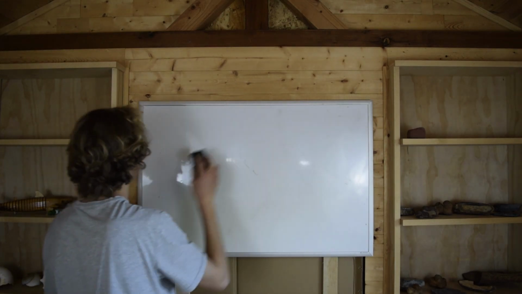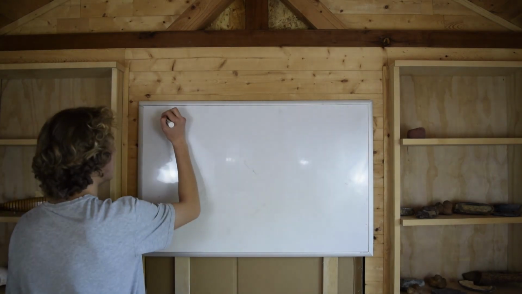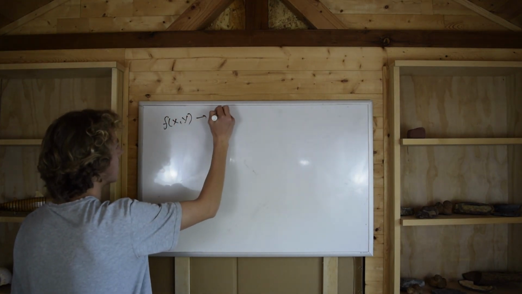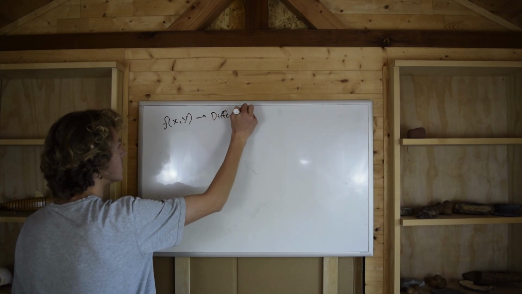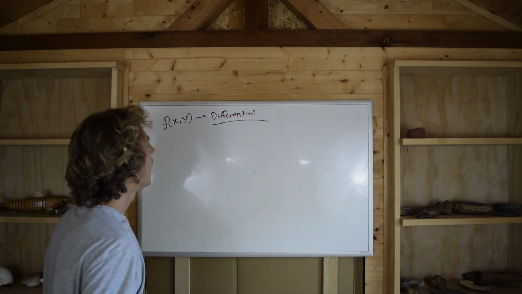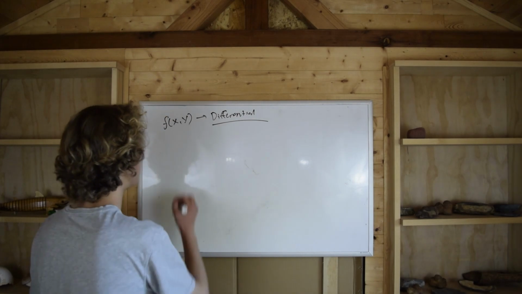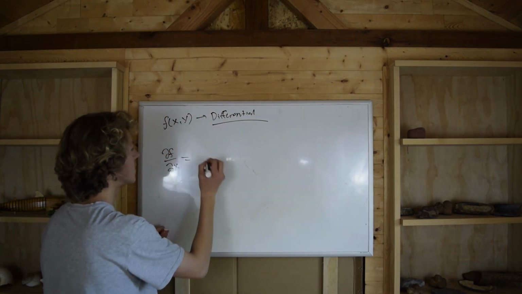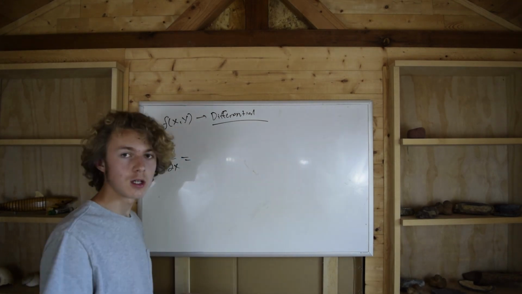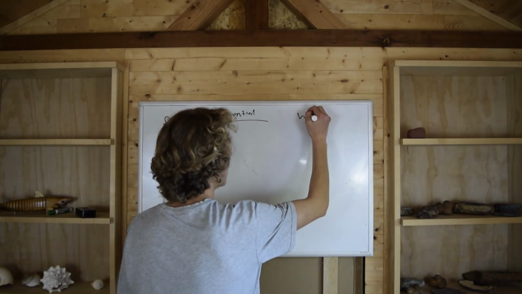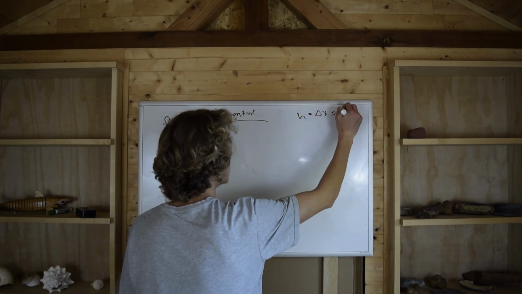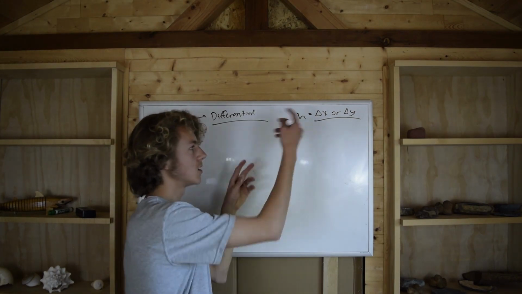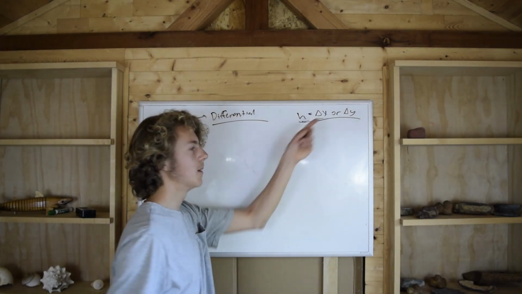So now, let's say I had some function f of x, y, and I'm going to assume it's differentiable, just for the simplicity of this lecture. And let's say I wanted to find the partial derivative with respect to x. H is just simply change in x in 2D, and I'm going to also include change in y.